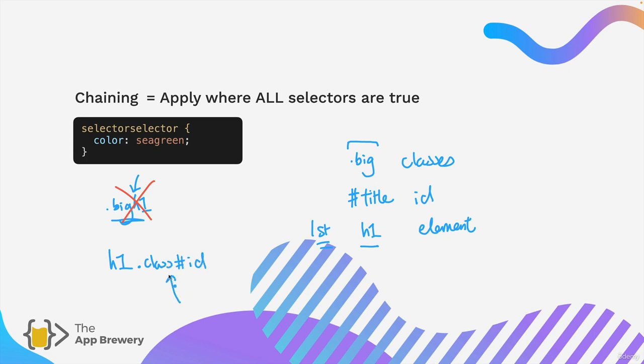And remember, leave no spaces in between if you want to say that all of these selectors are in a single element. And this is to differentiate from when you want to use the descendant selector, where you say that I'm looking for something that has this particular class, but it also has a parent, which is an H1. This is when you're looking for the descendant combination.